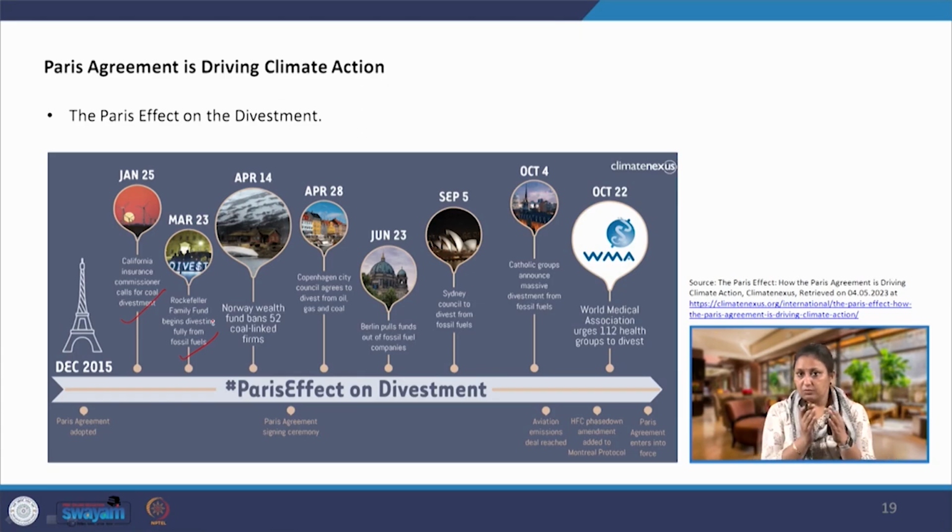We are looking at a shift of investment from conventional or fossil fuel based projects to renewable energy based fuels. So, the Paris Agreement in this regard is driving a lot of action on the climate change front and directly, if I may say, on the greenhouse gas emission front.